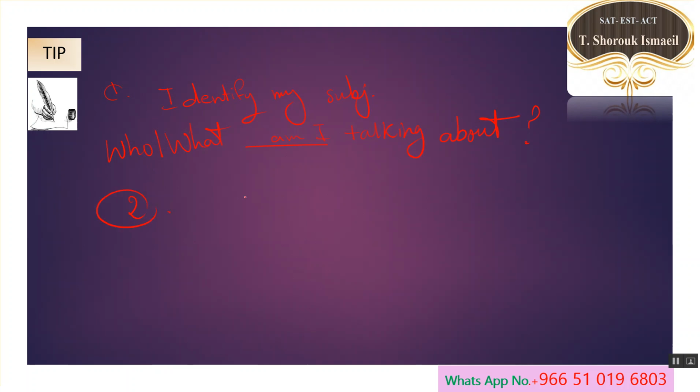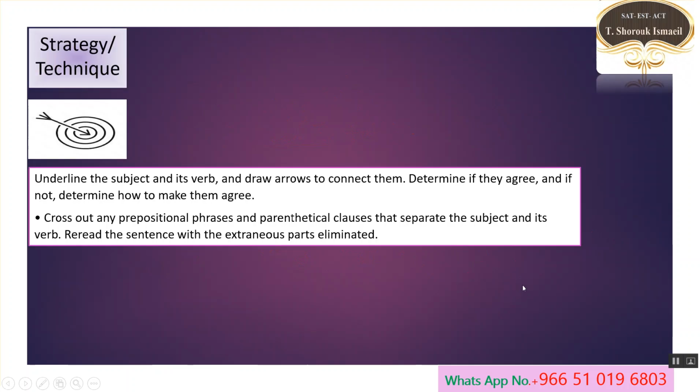Step two, I need to figure out my verb and think about whether they agree, the subject and the verb I mean, or disagree in number, whether both of them are singular or one is singular and the other one is plural. If there is a disagreement, I need to correct or fix my verb, and the sentence will be correct in such a case.